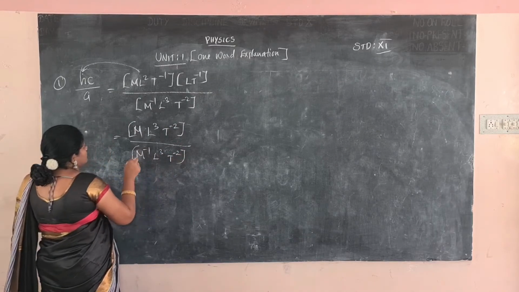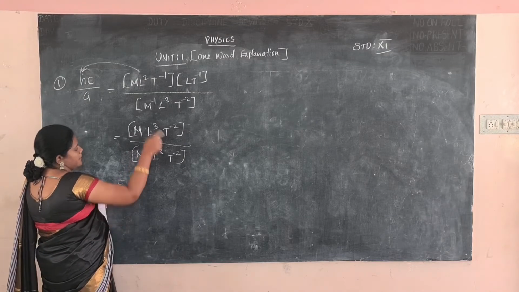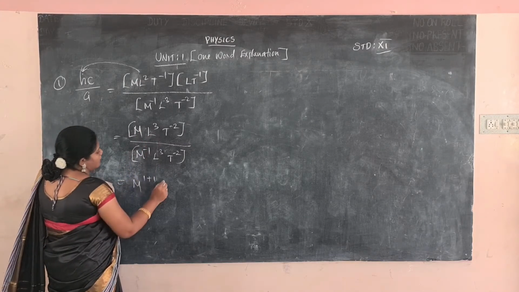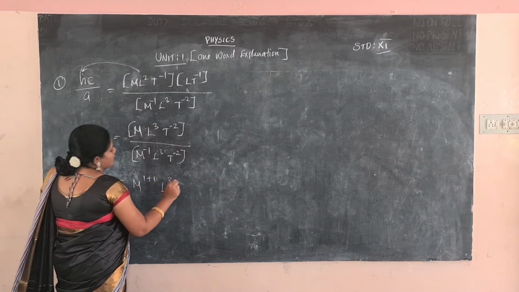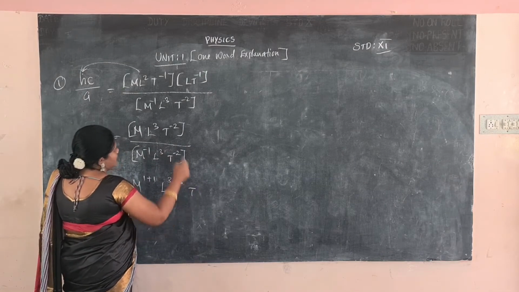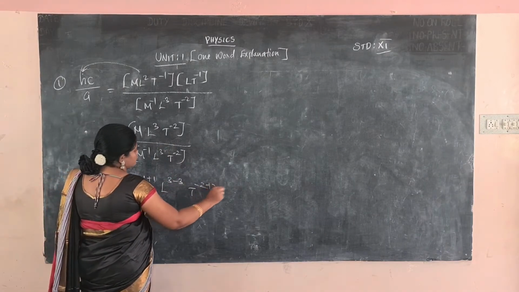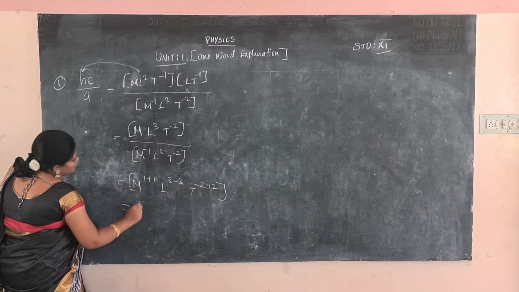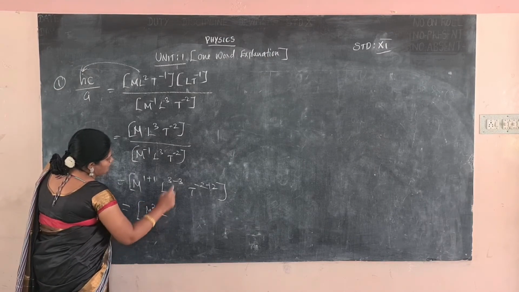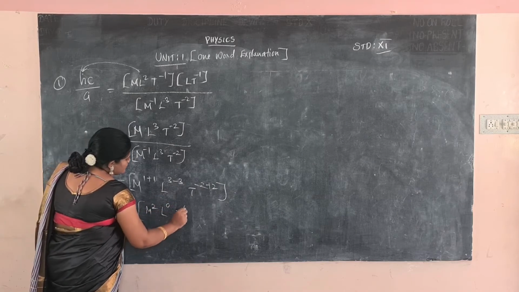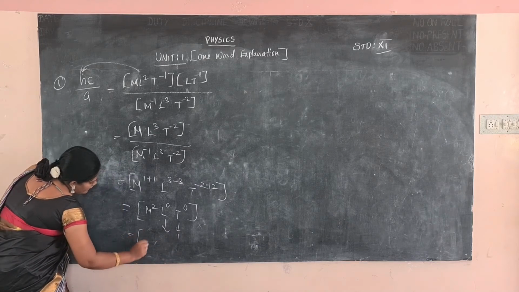Taking the denominator to the numerator, M power minus 1 becomes plus 1, so M power 2; L cube becomes L power minus 3, so L power 0; T power minus 2 becomes plus 2, so T power 0. We consider those values as 1, so we only have M square.